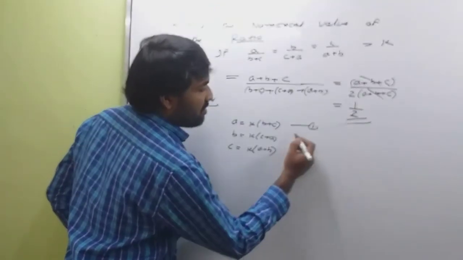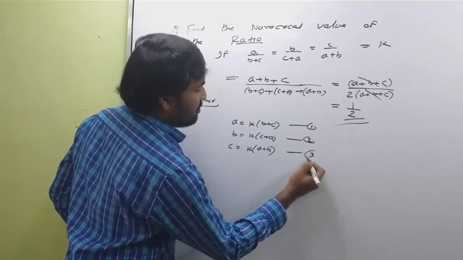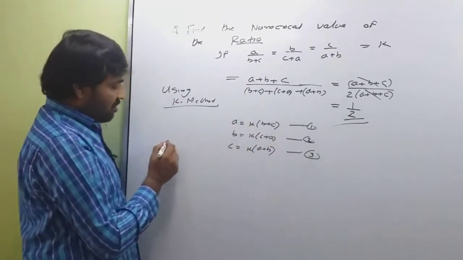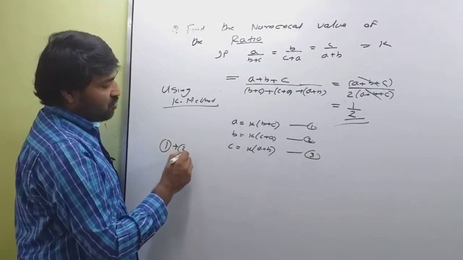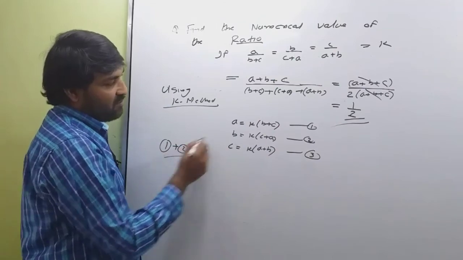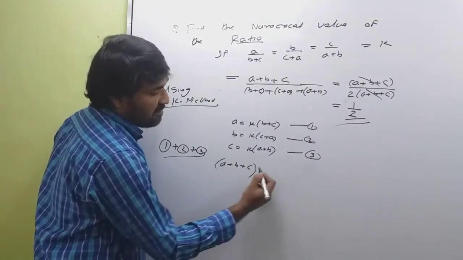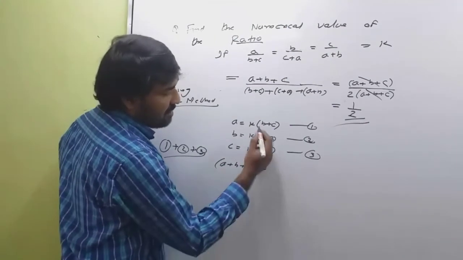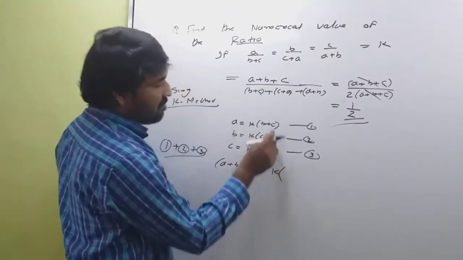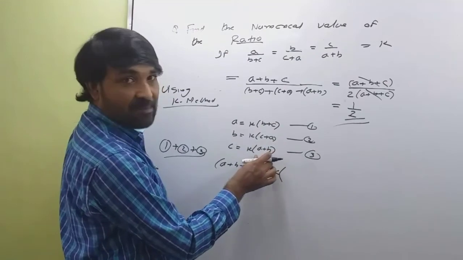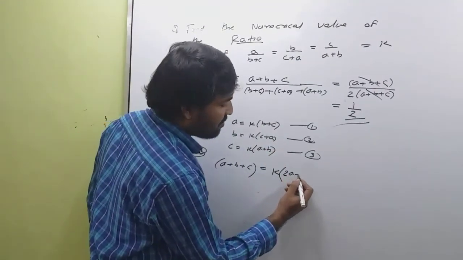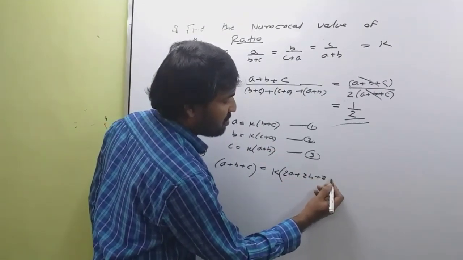We have 1, 2 and 3. Adding 1 plus 2 plus 3. Adding these 3 expressions, we get a plus b plus c that is equal to k into b plus c plus c plus a plus a plus b. That is 2a plus 2b plus 2c.